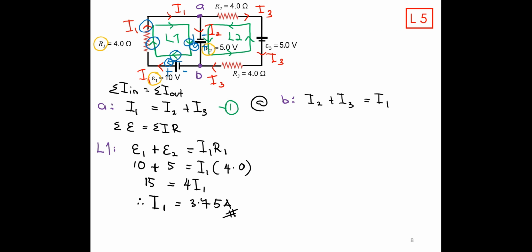Next, refer to the second loop. So I separate it. This is for loop 2. And we also have two EMF, EMF2 and EMF3 for loop 2. Now refer to the direction.